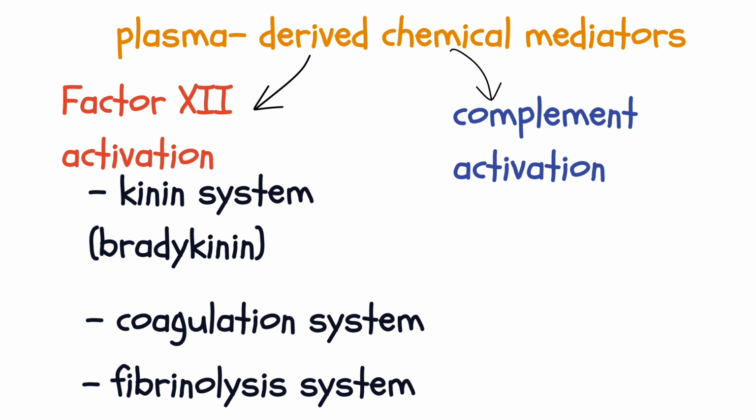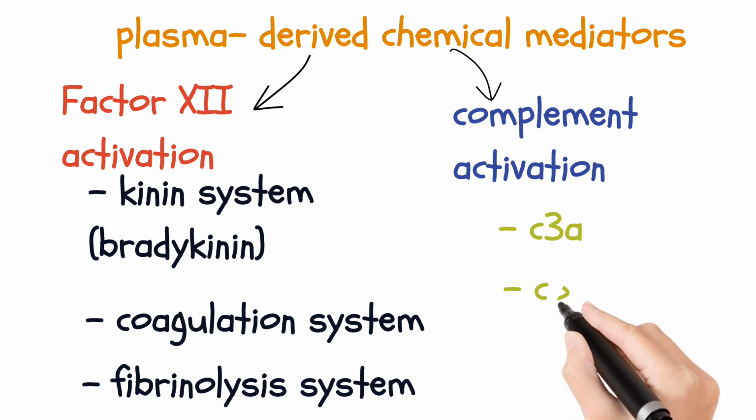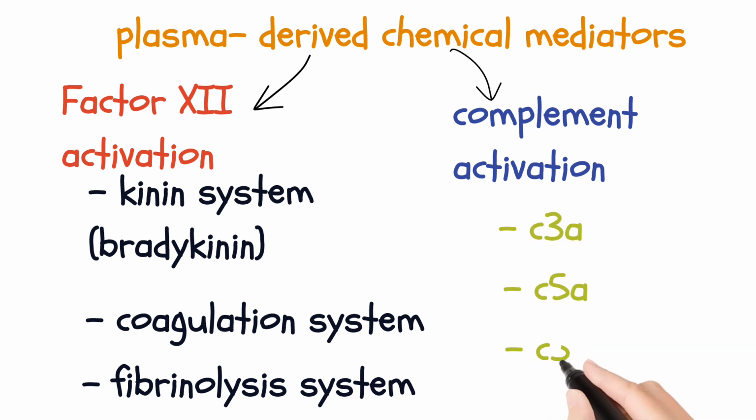The next group, complement activation group. Under this one, we have C3a, C5a, and C3b. Just like I said before, the plasma-derived chemical mediators are present in inactive or precursor forms that must be activated in order to acquire their biological properties.